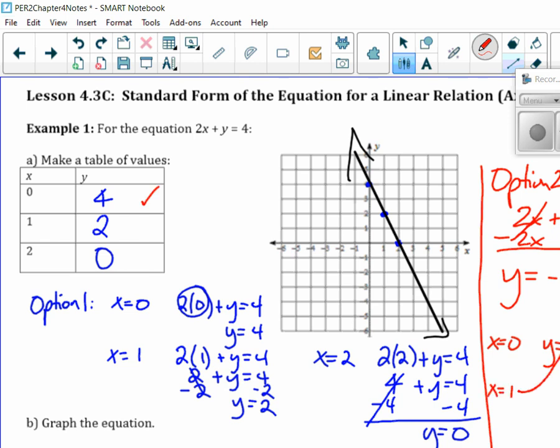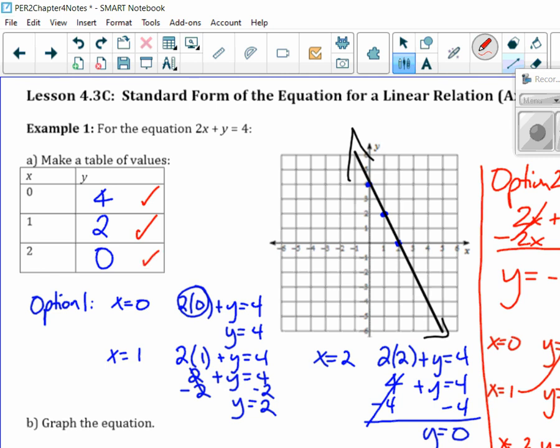Y equals negative 2 times 1 plus 4. Negative 2 plus 4 is 2. Exactly what I did over here. And then if x equals 2, y equals negative 2 times 2 plus 4, minus 4 plus 4 is 0. Exactly what I got over here.